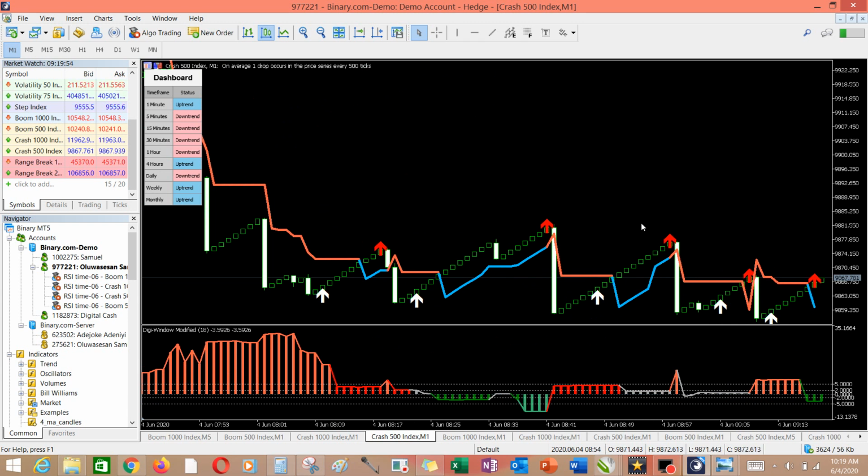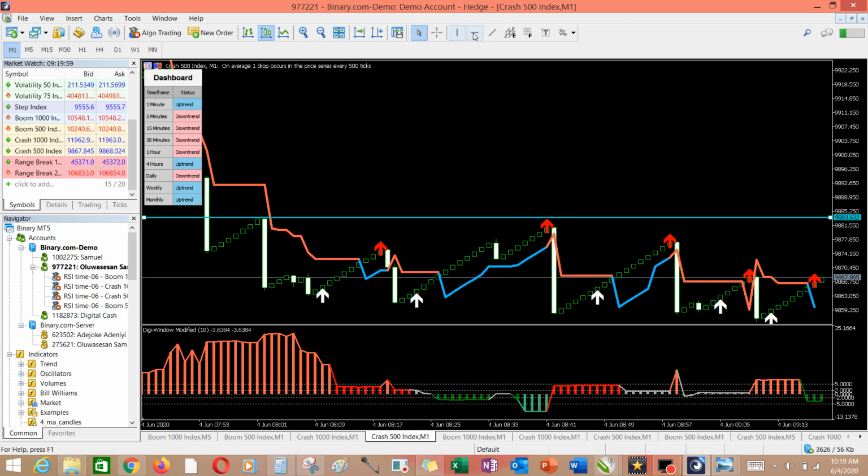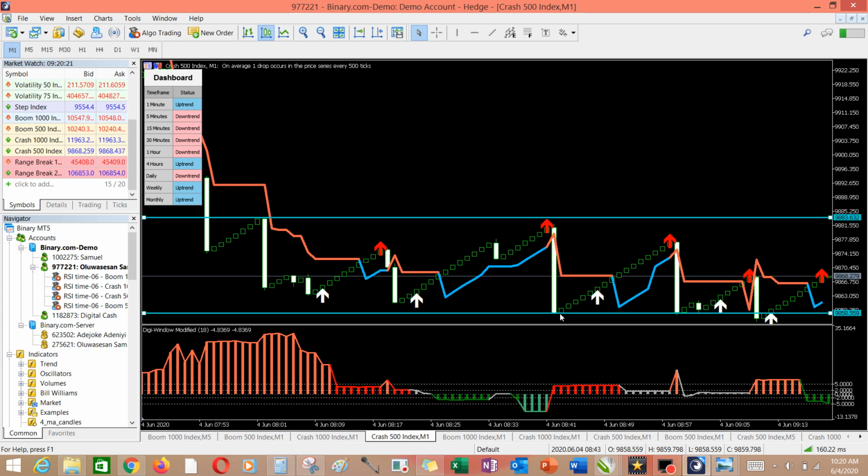It is still going down, although within this period, sorry about the alerts, the market has been consolidating, trying to determine where to go, either to break out upward or to break out downward. If it breaks out downward, that means it is still going on with a downtrend, and if it breaks out upward, that means it is going back on an uptrend.